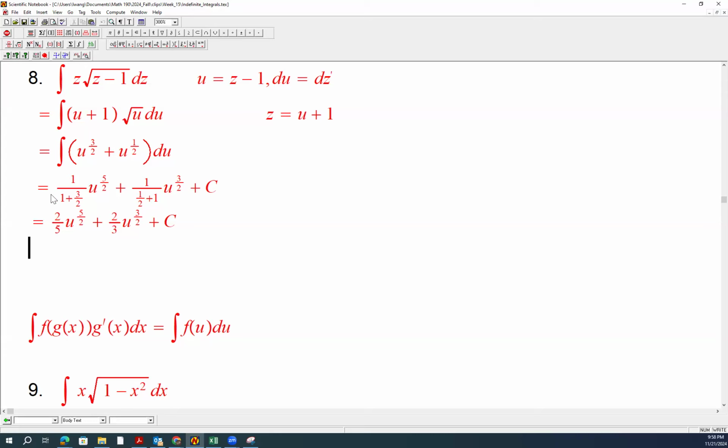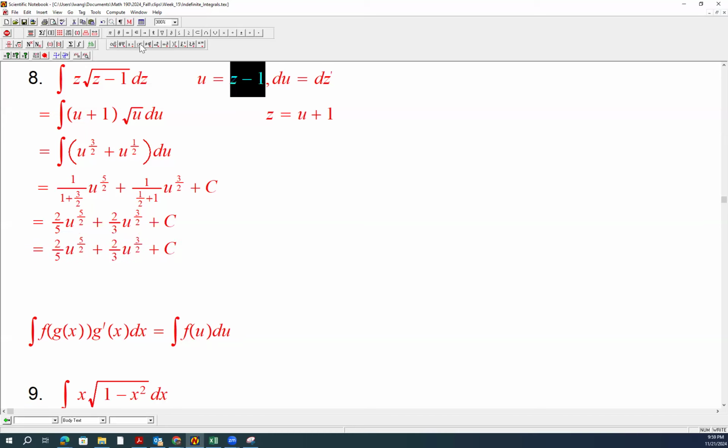Last but not least, bring u back, which is z minus 1. All the u is replaced by z minus 1. So that completes the question, okay?